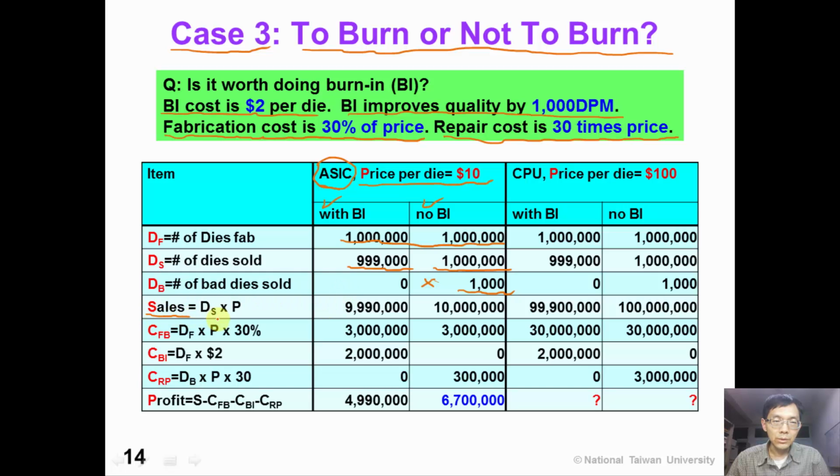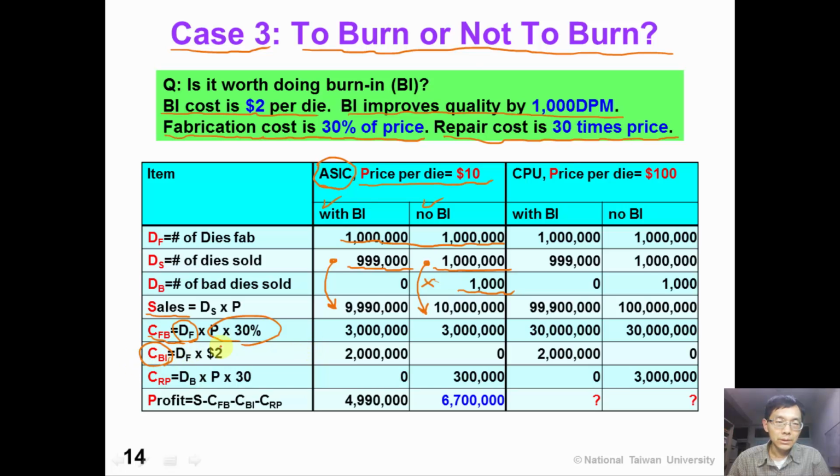The total sales is equal to the number of dies sold times the price, which is $10. And the fabrication cost is equal to 1 million dies times $3.